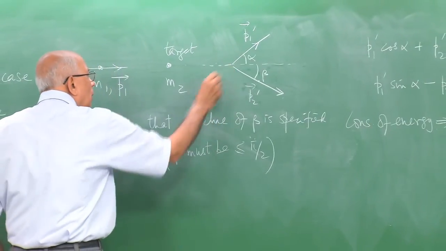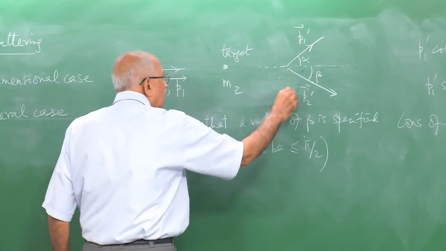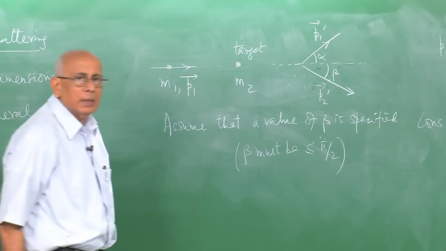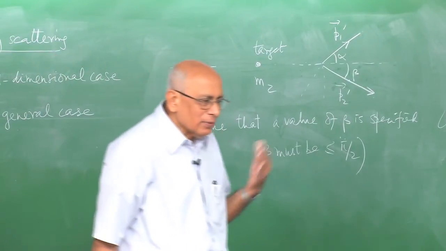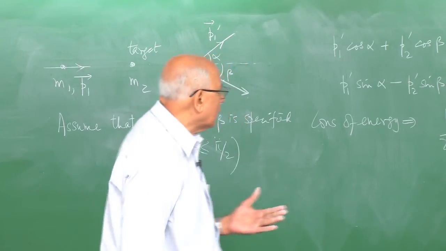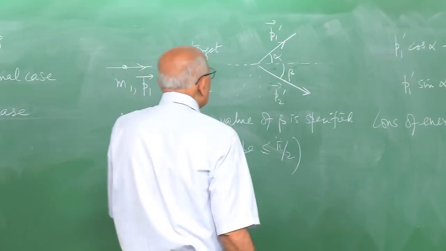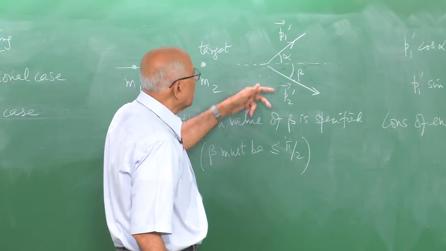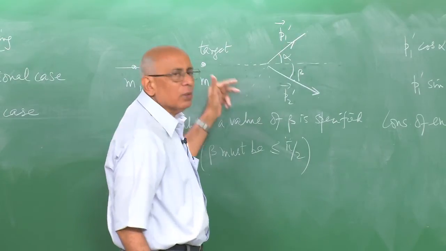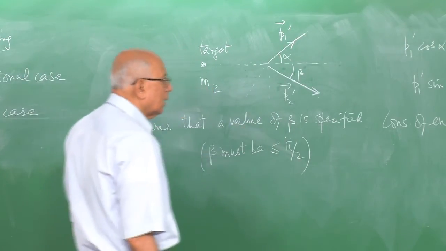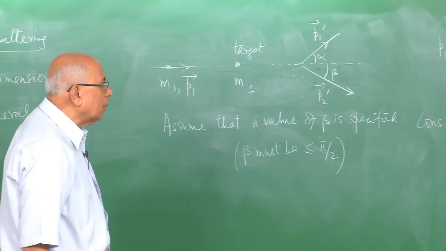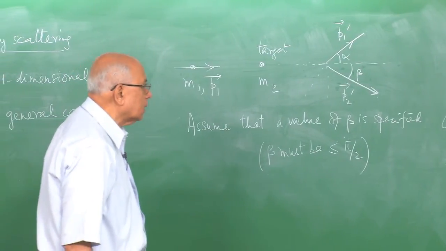We can't have it move out here, for instance, but you could have it up to this point here. So we already have some intuition for this business, and we already know that there must be a limitation on this beta such that it doesn't go beyond this. But given a beta, what are all the other quantities is what we're going to ask, and then we will see what limitations we can put on these angles here.